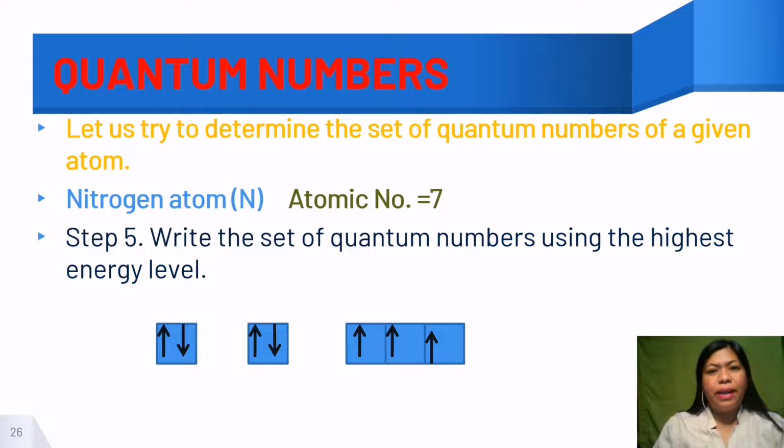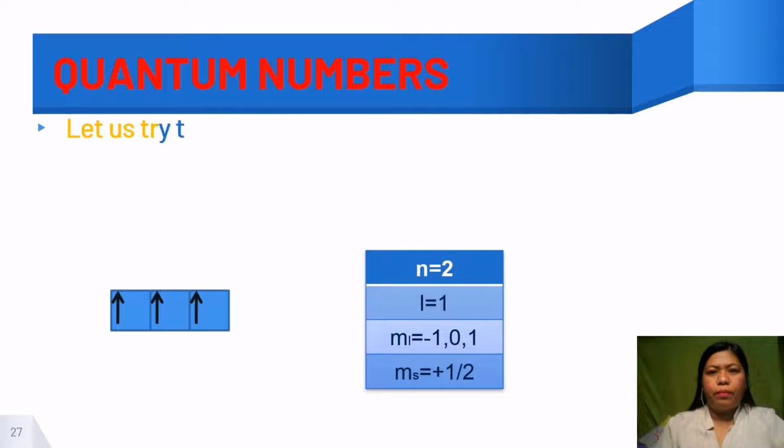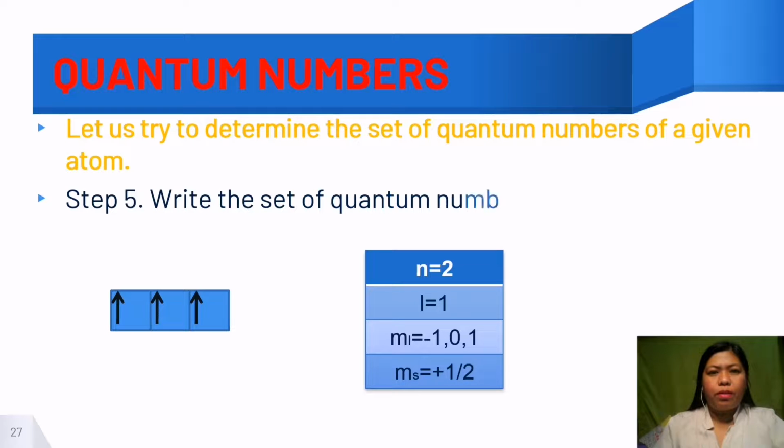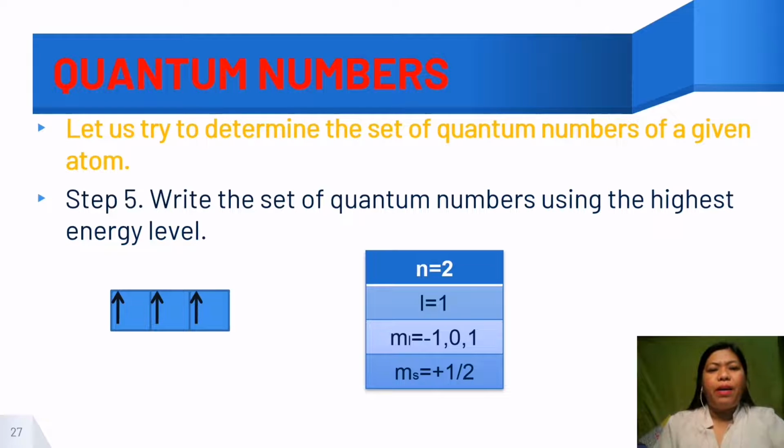Now, let's write the set of quantum numbers of a given atom using the highest energy level of nitrogen, which is the 2p3. Step 5. Write the set of quantum numbers using the highest energy level.